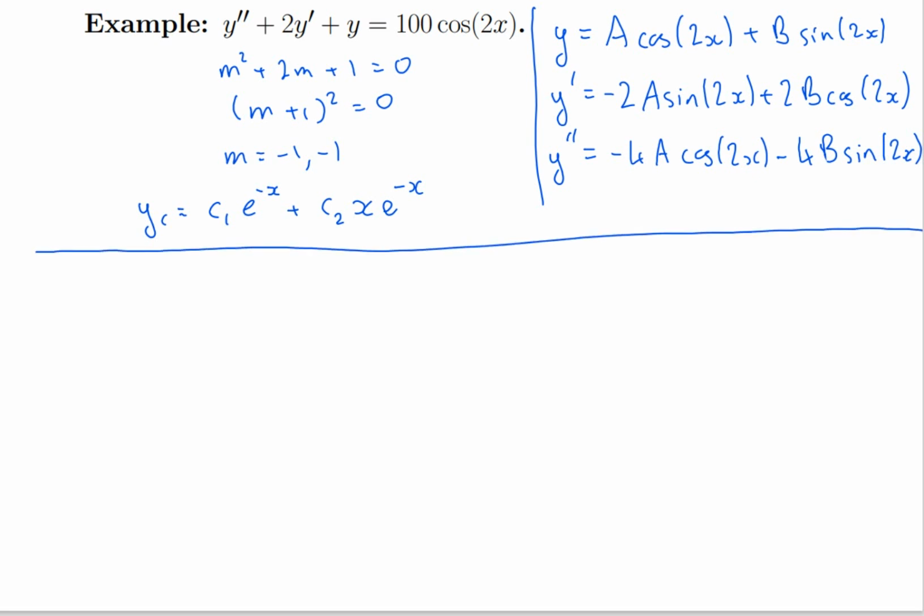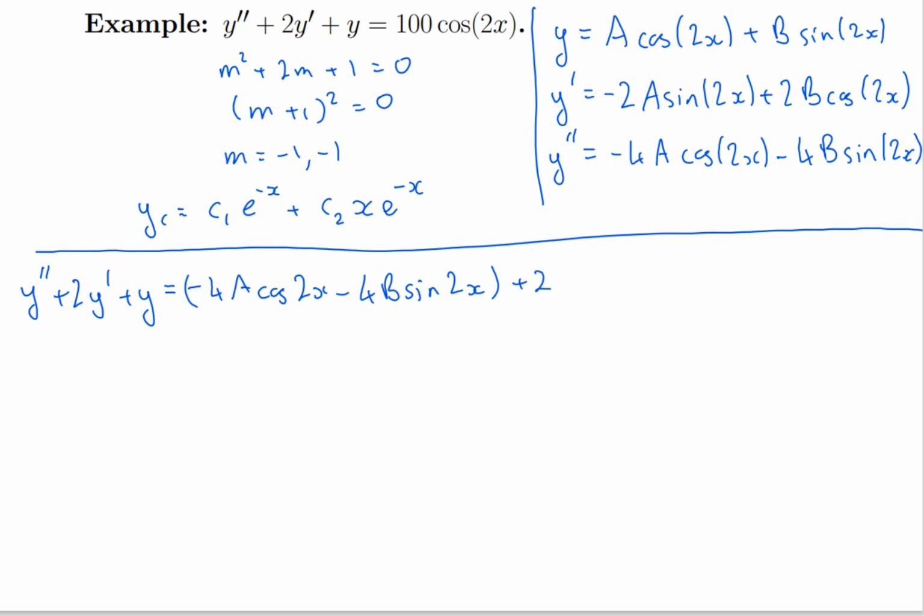Substitute into the differential equation y double prime plus 2y prime plus y. What do I get? Well, it's going to be 6 terms, so I have to be a little bit careful writing them all down. Negative 4a cos 2x minus 4b sine 2x. That's the y double prime term.